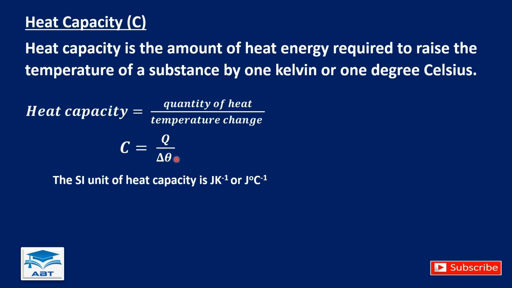So we have joules per Kelvin since the temperature is at the denominator, or joules per degree Celsius since temperature can be measured in either Kelvin or degrees Celsius. And also we can cross multiply. So the quantity of heat is equal to the heat capacity times the change in temperature.